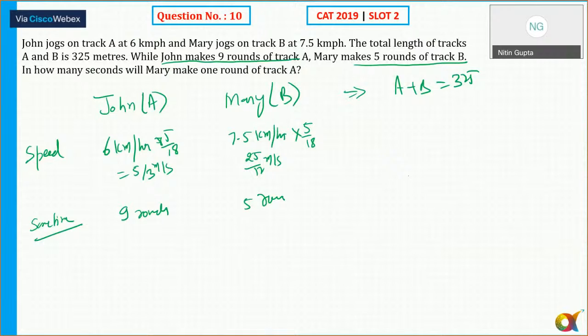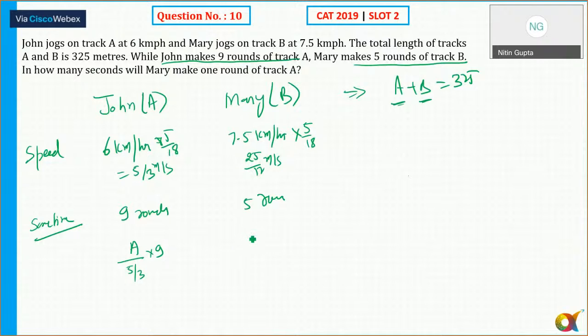What is the time taken by John to cover 1 round? Track length I have taken as A and B. So for 1 round of track, the time John takes is A upon 5 by 3, and John traveled 9 rounds, so multiply by 9. Now for Mary, how much time will she take?